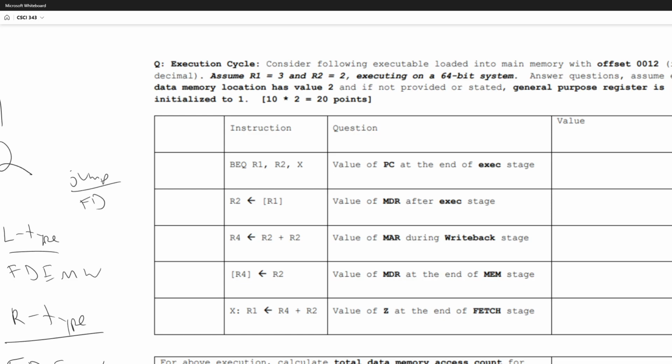Assume each data memory location has a value of 2, and all other registers have a value of 1. So first instruction, 0012, and then you increment by 8 every time. So 0020, 0028, 0036, 0044, and finally 0052.